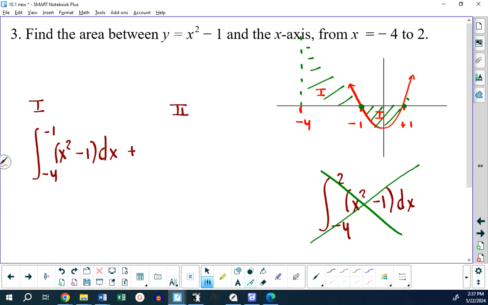Area 2 is not this. Area 2 is this. Because area 2 is an area that's below the x-axis, I need to multiply that integral by negative 1. I mean, really what I'm doing is I'm flipping the function over, and this will become clearer in a second when I look at my calculator.